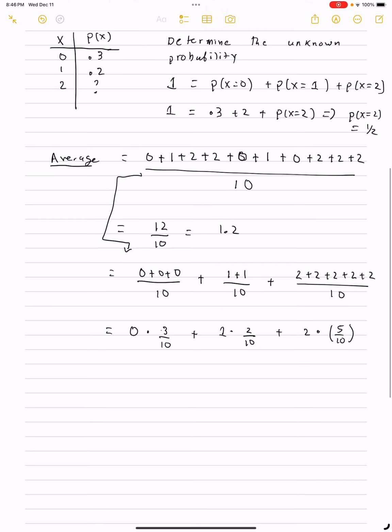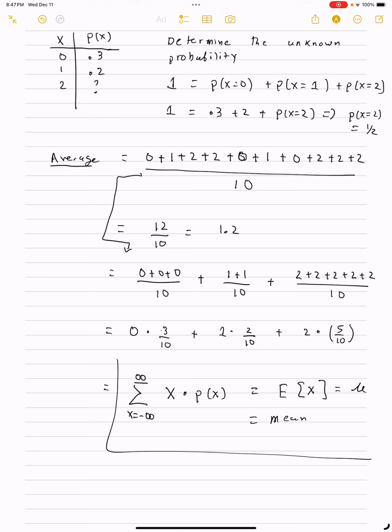And that's nothing more than this, the sum of x times its probability. And here, just to make it clear that I sum up all the probabilities, I put minus infinity to infinity. This is called the expected value, or the mean. And it represents nothing more than the average value.